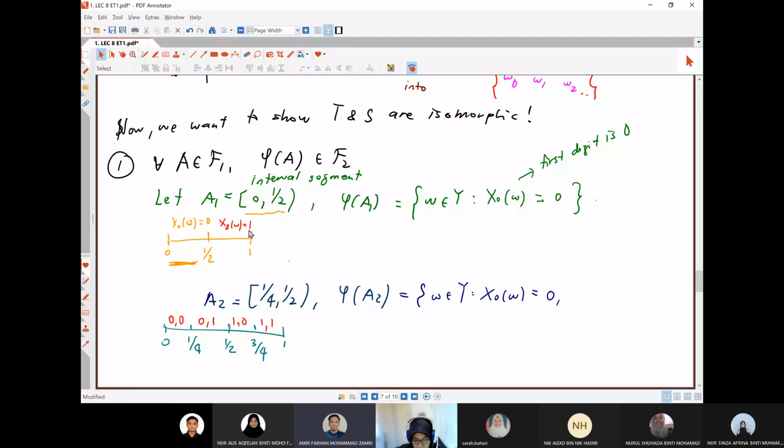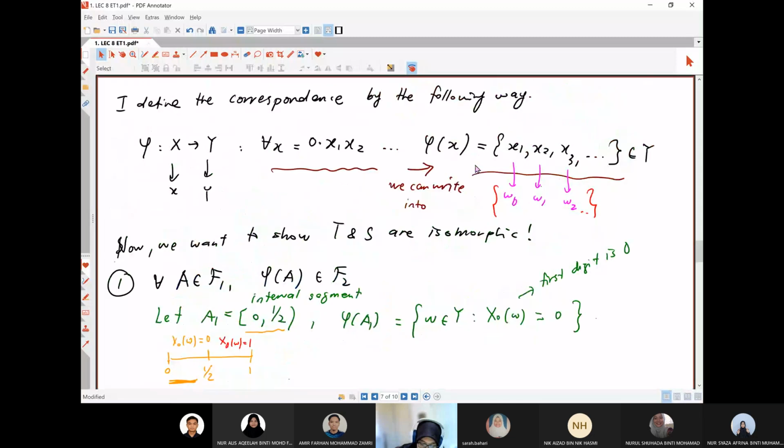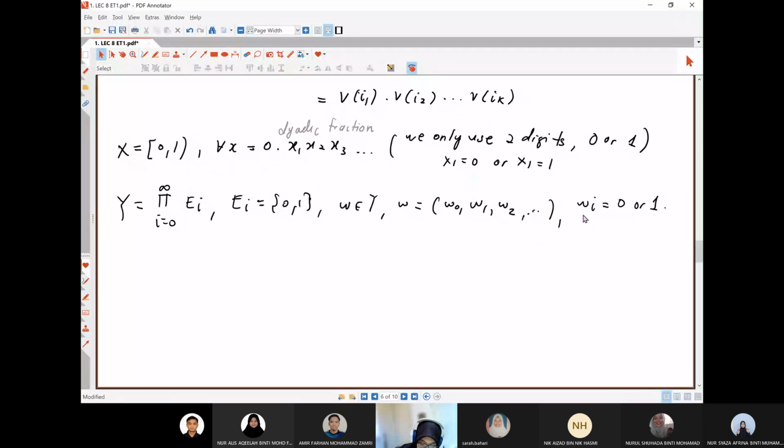Doktor, Y kita sekarang 0 dengan 1 Y? Y kita dalam Bernoulli. 0 dengan 1. Ya, kita nak Bernoulli apa? Bernoulli kan dalam bentuk ni. Sama ada omega 0 kita nak jadikan 0 or 1.